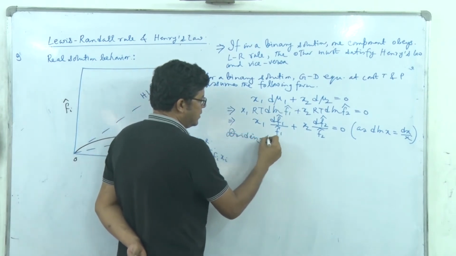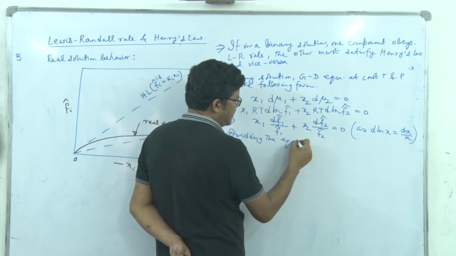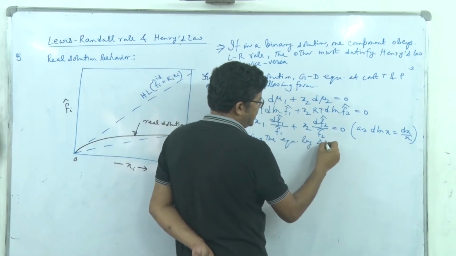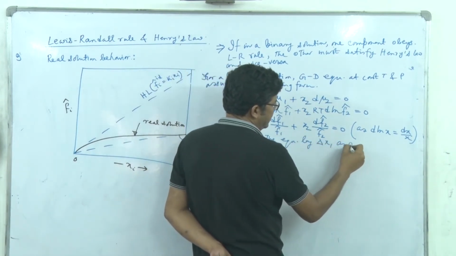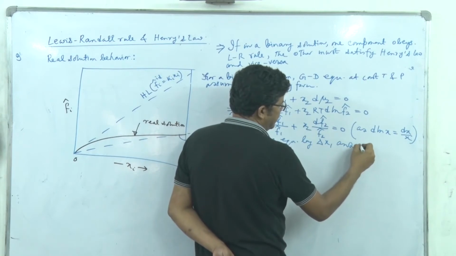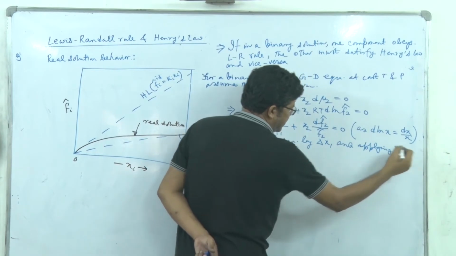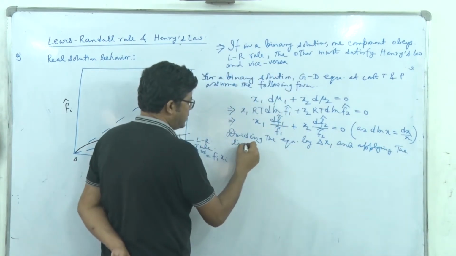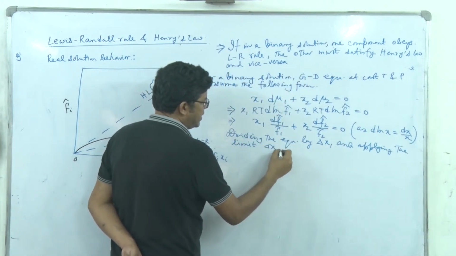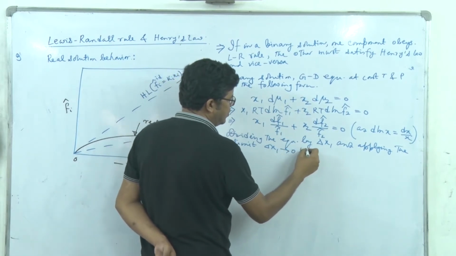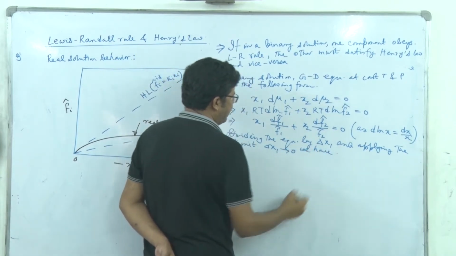Right? It's pretty obvious. Now if I divide the equation by delta x1 and apply the limit delta x1 tending to 0, what will we have?